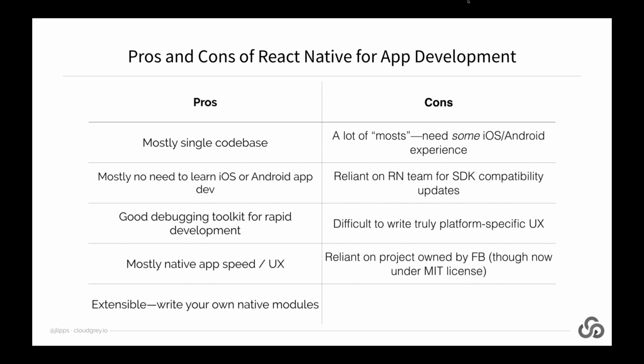So you might wind up in a spot where you have a lot of conditionals. If it's Android, do it like this. If it's iOS, do it like that, whether it's a visual design thing or a functionality thing. And so you might end up losing some of the benefits of a cross-platform code base by having a lot of these conditionals sprinkled in.